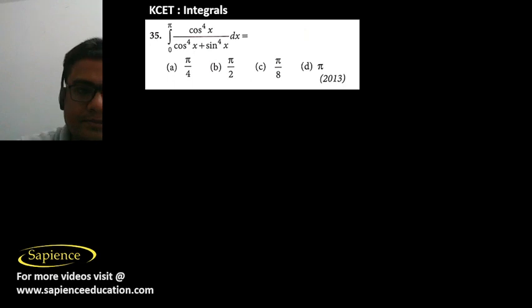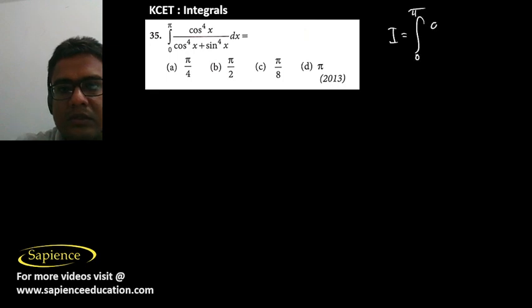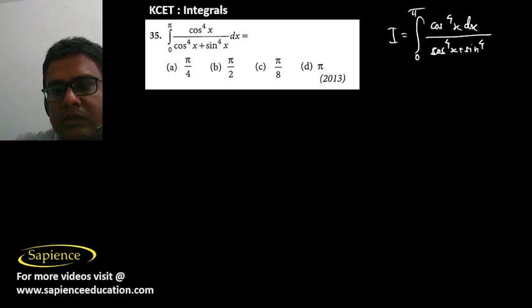In question number 35, it is told to find the integral I, that is integral from 0 to pi of cos power 4x dx by cos power 4x plus sine power 4x.